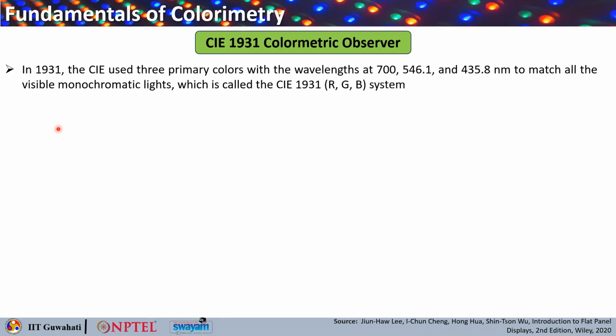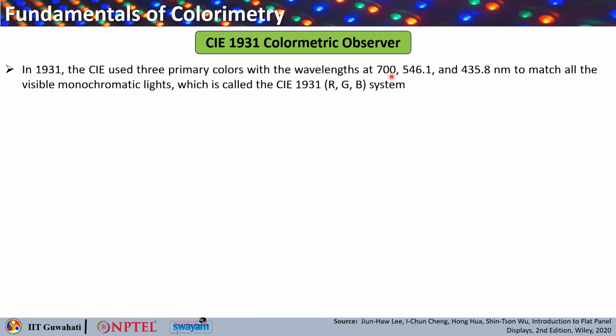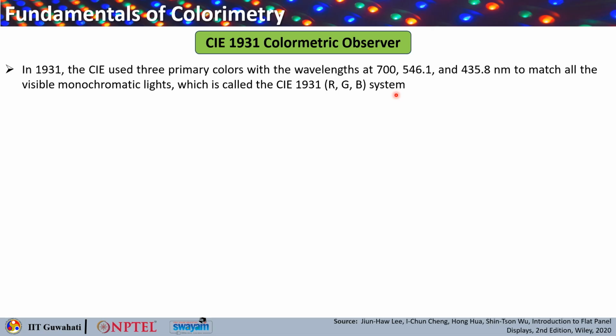In the CIE 1931 standard observer or colorimetric observer, this method used 3 primary colors with wavelengths at 700 nanometer, 546.1 nanometer and 435.8 nanometer. They can match all the visible monochromatic lights, and that is called the CIE 1931 capital R, capital G, capital B, RGB system.